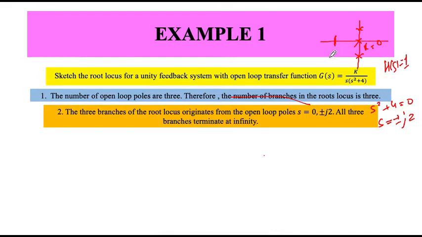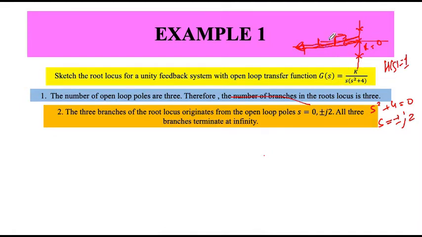If I am here and look on the right hand side, I always have these 3 poles and there is no zero, so this number is odd, therefore this point will be on the root locus, and this point will also be on the root locus. So the whole negative real axis is a part of the root locus, and we know that this will go to infinity, so this whole real line will be on the root locus.